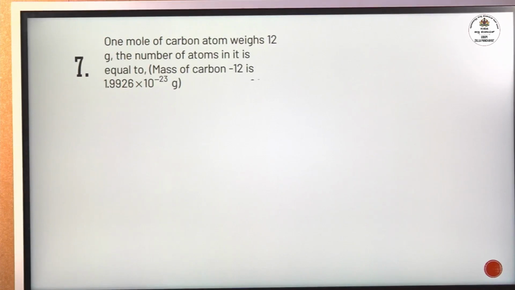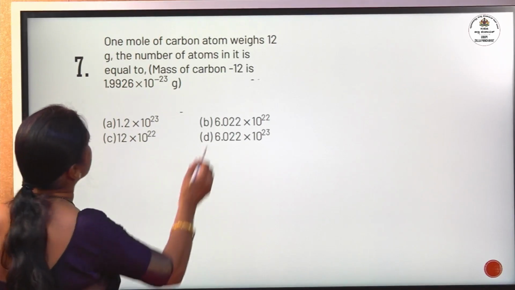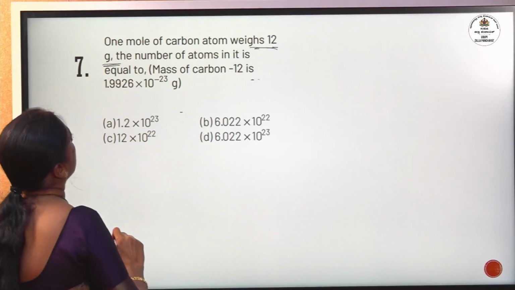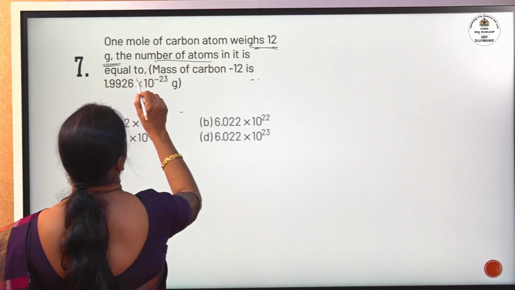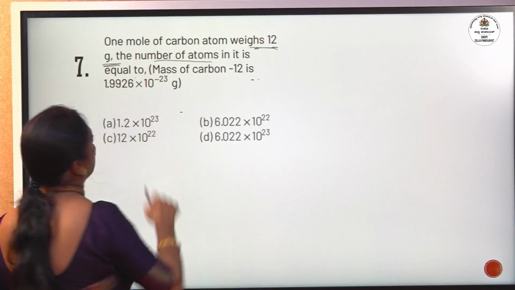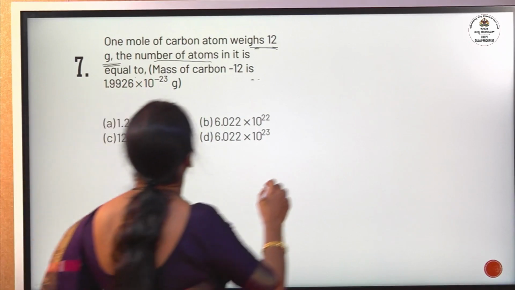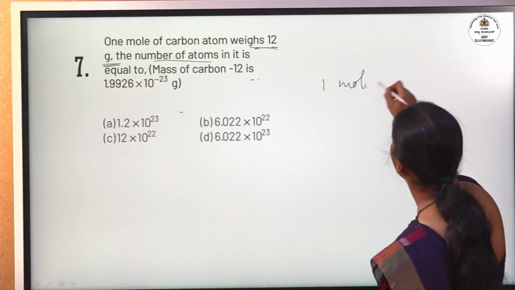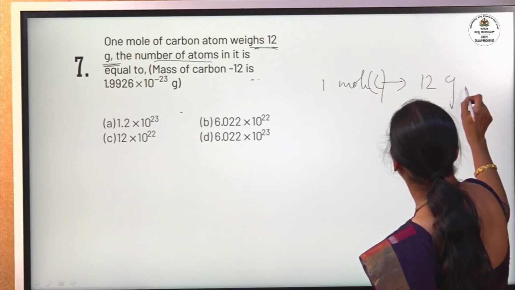Next, 1 mole of carbon atom weighs 12 gram. The number of atoms in it is equal to, we have to find out the number of atoms in 12 grams of carbon. 1 mole of carbon mass is 12 gram.